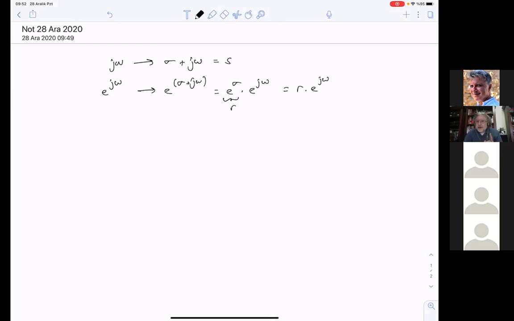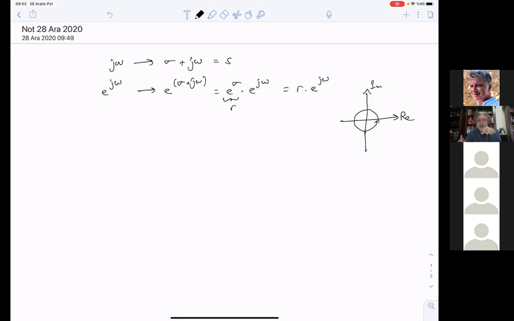But e to the j omega is actually a circle on the complex plane, with the horizontal axis being real, vertical axis being imaginary. So this is the real and this is the imaginary part. E to the j omega is actually one full rotation. As omega traces from 0 to 2 pi, it makes one full circle.